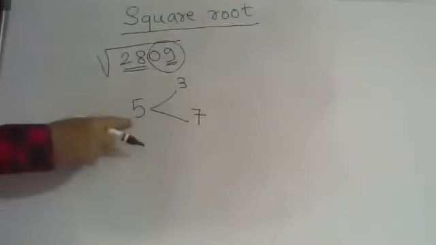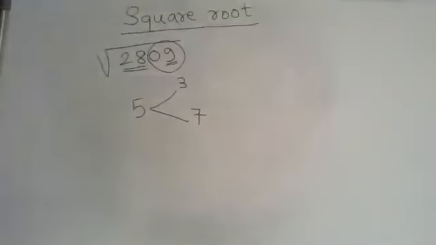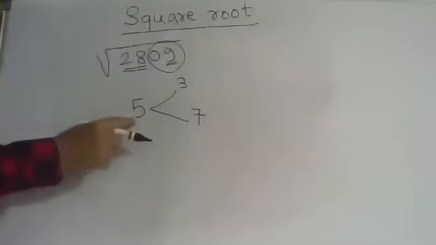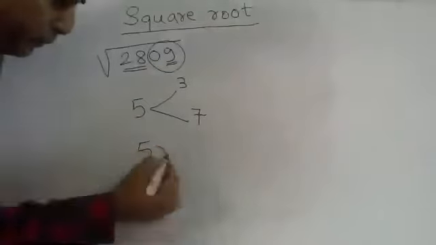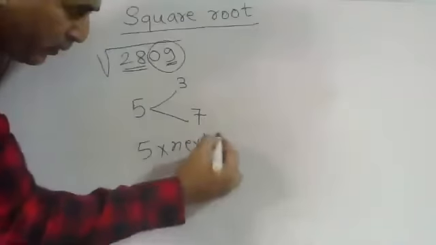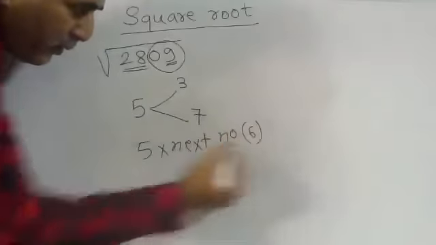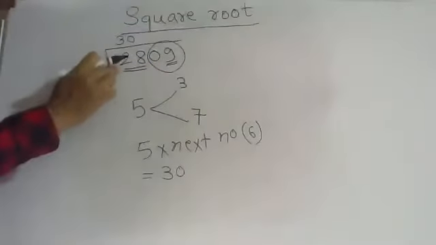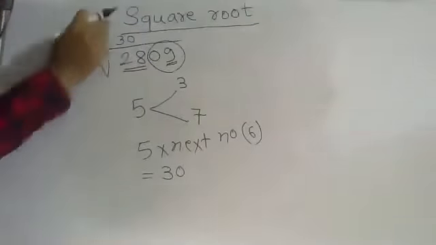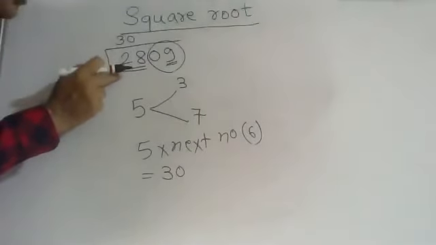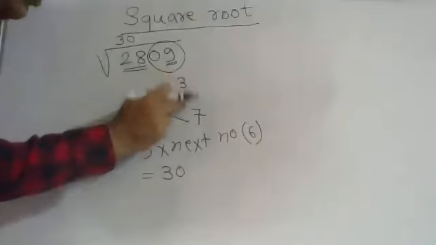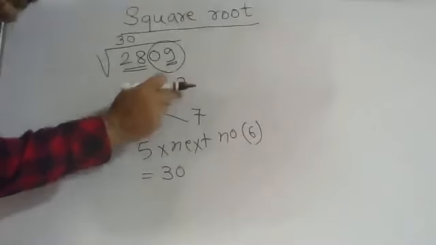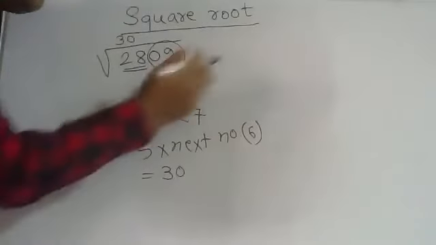Now, 5 into next number, always 5 into next number, 5 into 6 is 30. Is our number smaller than 30 or bigger than 30? Our number is smaller. So the smaller number from these two is 3. So your answer is 53.